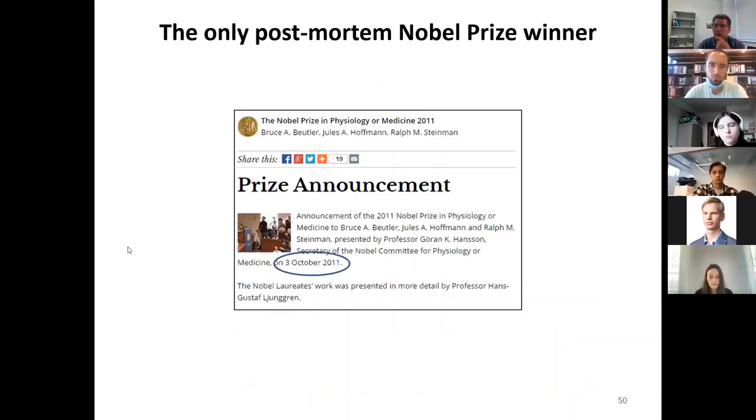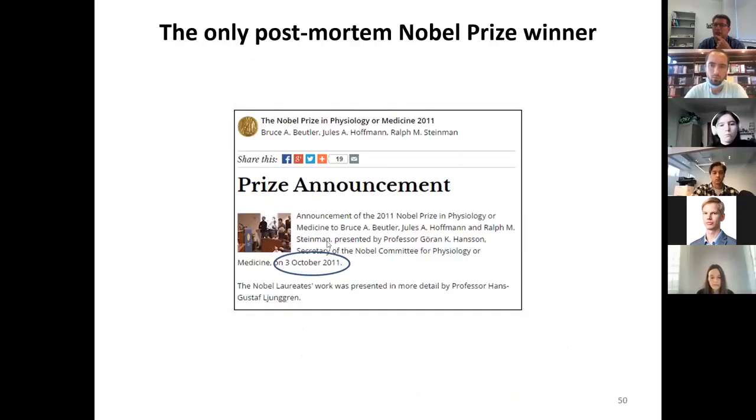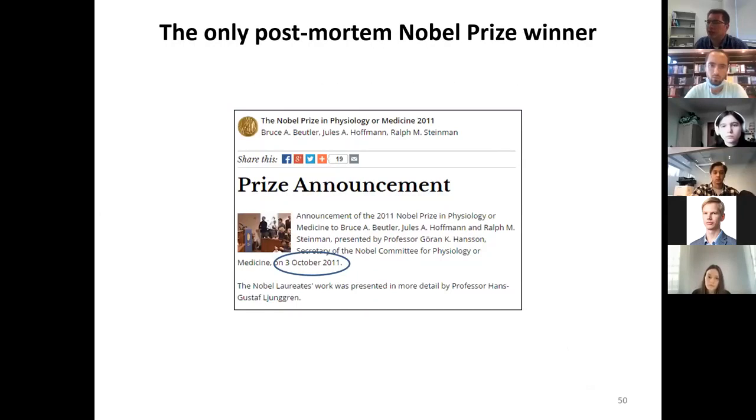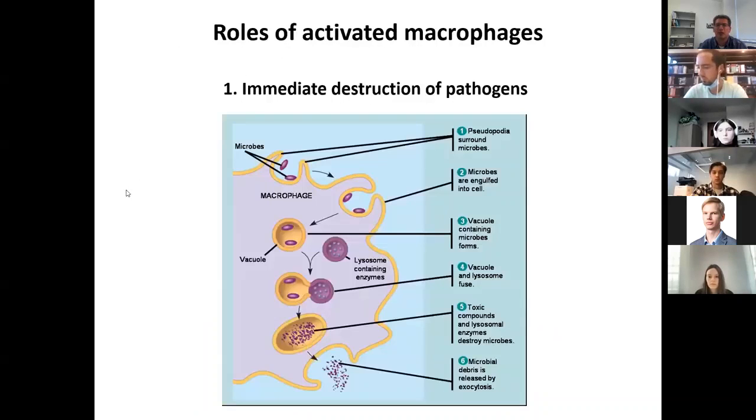And it turns out that even though Ralph Steinman passed away on September 30, just before the prize was announced on October 3, technically it is one of the few prizes, if not the only one, given after the person was known to be dead. So that's a bit of the story of the TLR receptor that culminated in the corresponding Nobel Prize discovery.